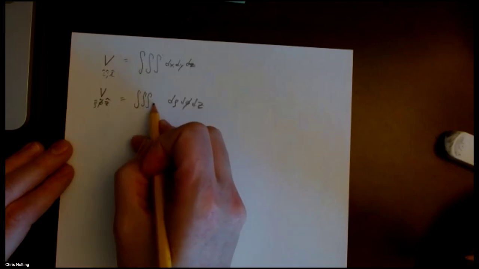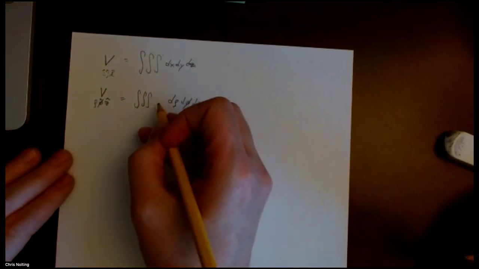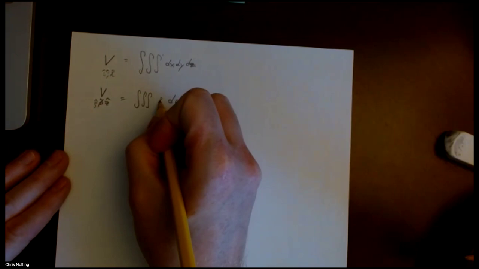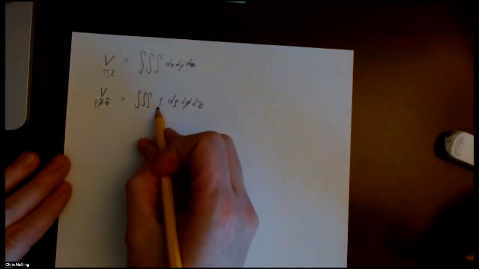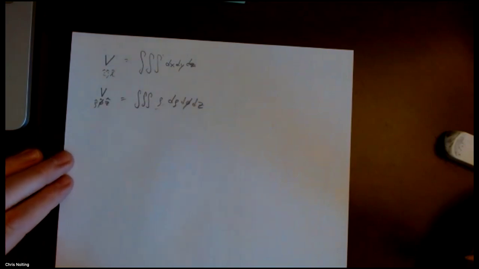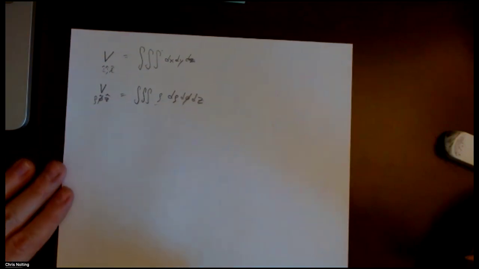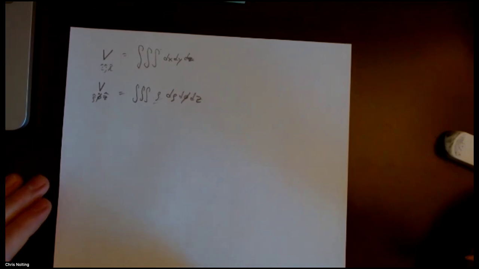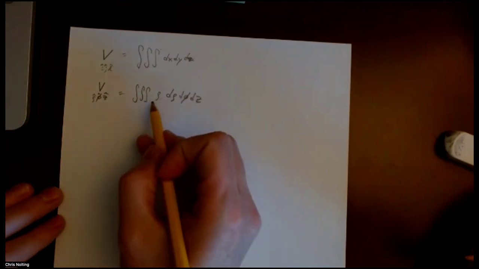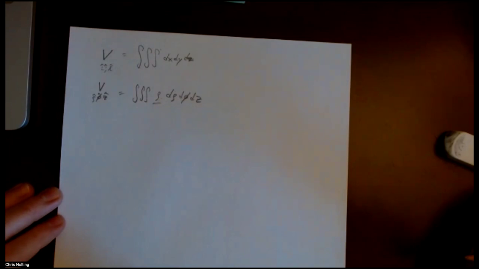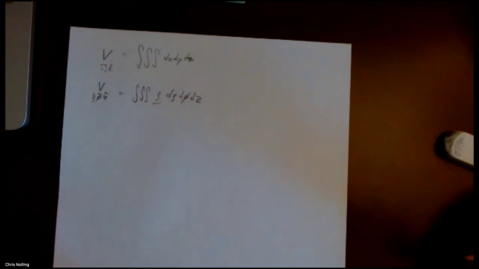But now we actually need to put something in here, and this thing that we put in here, which in this specific case was a rho, was called the Jacobian. And I want to show where that comes from and why, and how we could even perhaps derive whatever it should be for any given set of coordinate transformations.